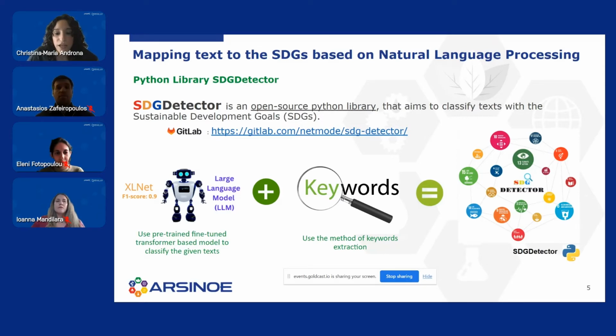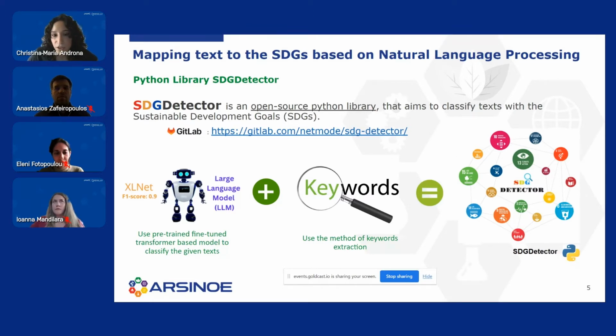This library combines 2 methods to classify text. The first one is a classification method problem by using a transformer-based model, which is pre-trained but fine-tuned.